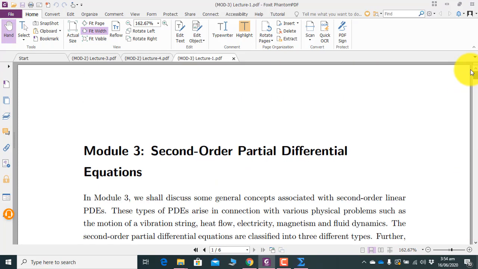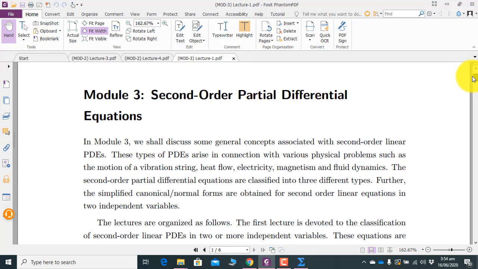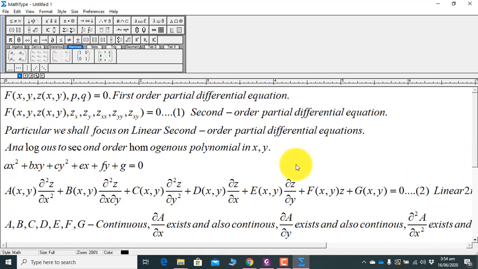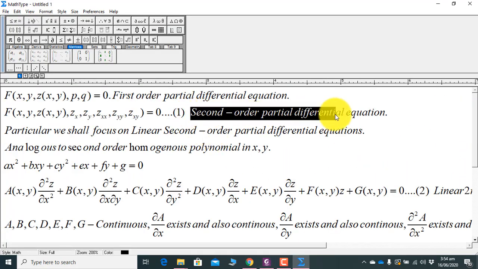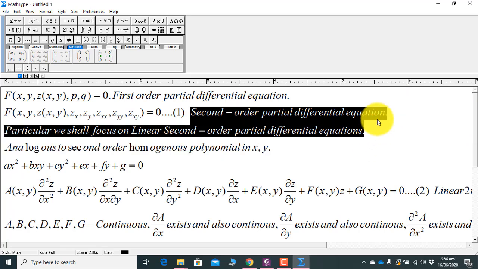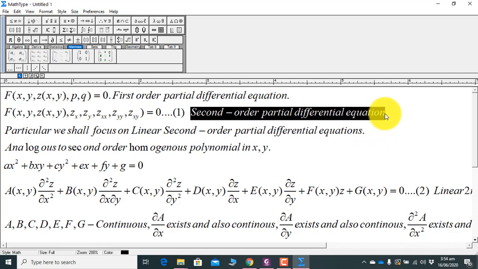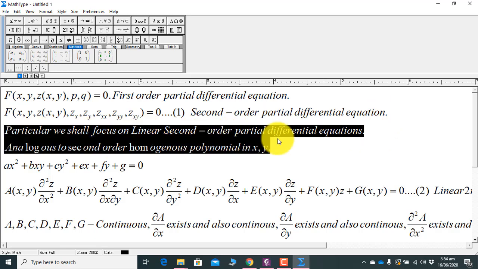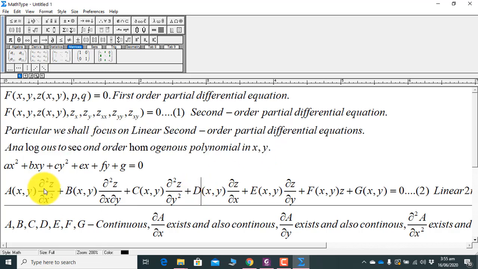So this was today's lecture: you should first have an understanding of second order partial differential equations, and then understand that it is not so easy to study the methods for any second order partial differential equation, whether linear or non-linear. We are mainly focused on linear second order partial differential equations with variable coefficients.